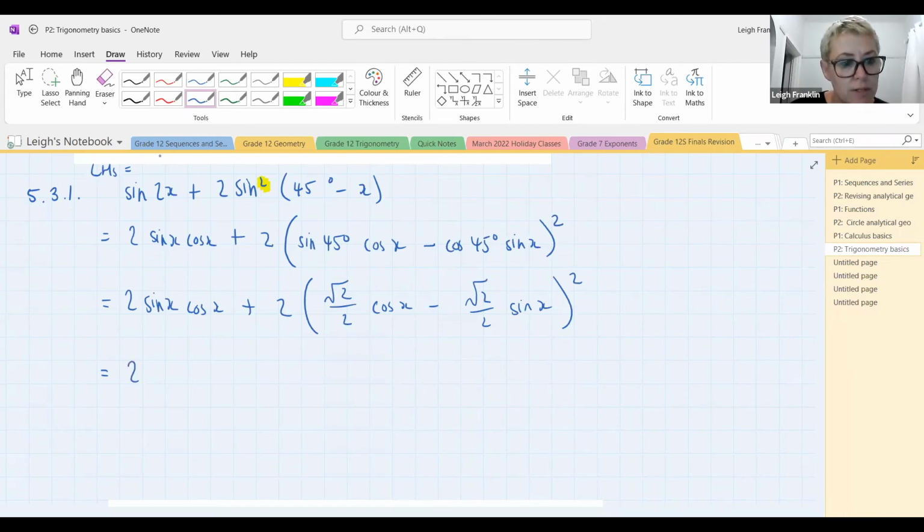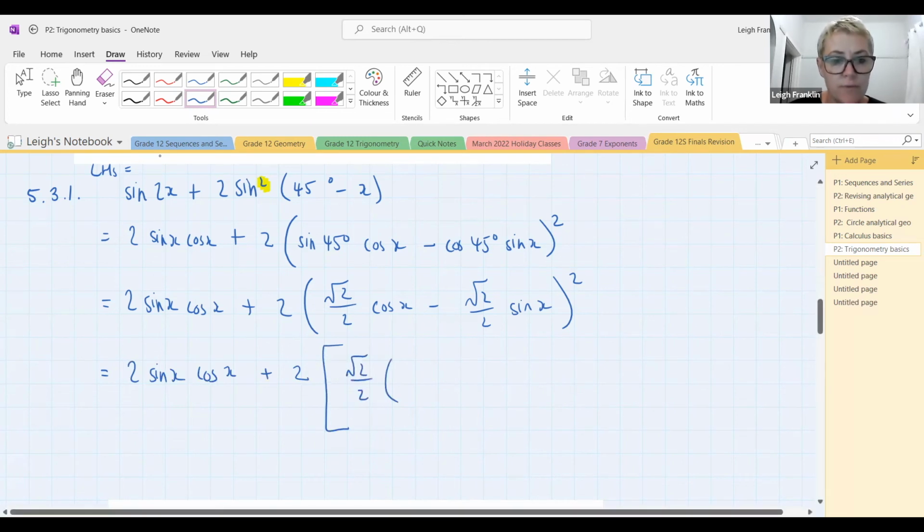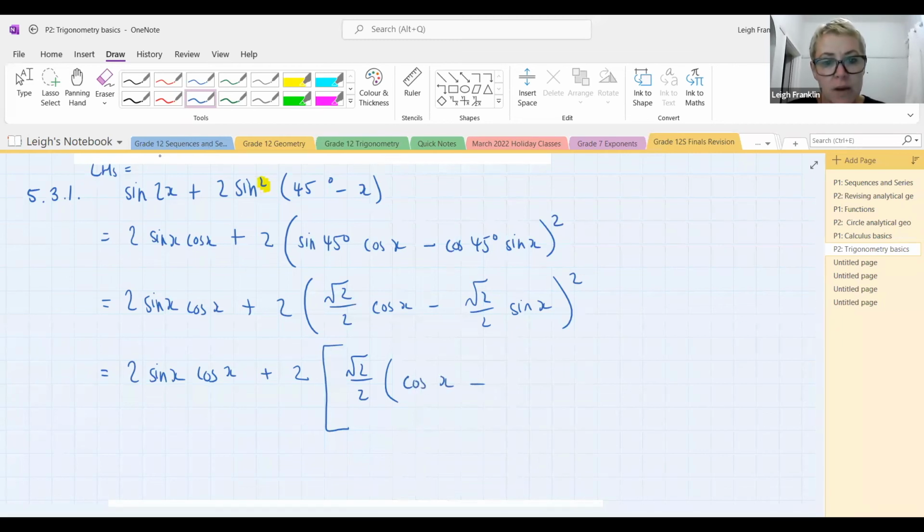So I've got 2 sine x cos x plus, keep my 2 there, and now I'm going to factorize inside these brackets, taking out the root 2 over 2, the highest common factor, and then here I've got cos x minus sine x, and this still needs to be squared.